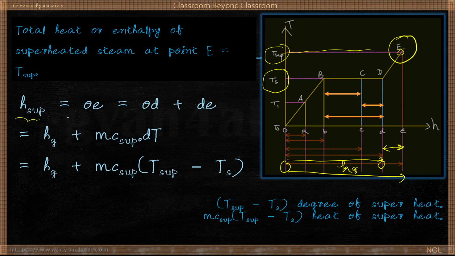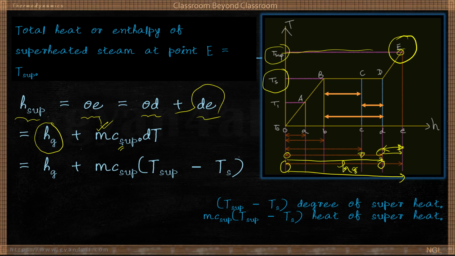Then from the diagram you can see OE equal to OD plus DE. OD is already Hg. And DE we can write like this: mass of steam, which is 1, into C sup, the specific heat of superheated steam.